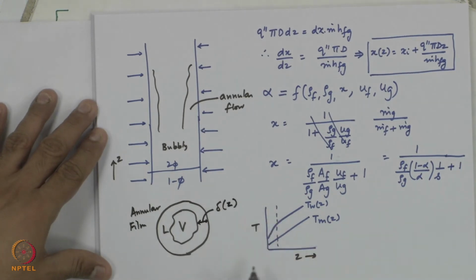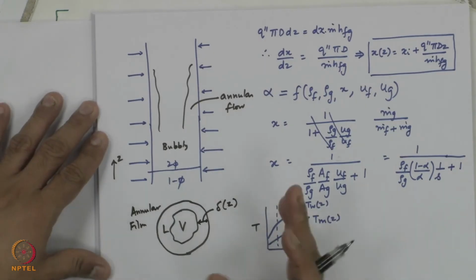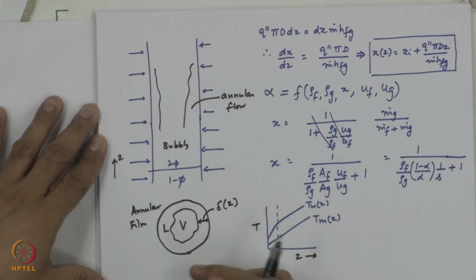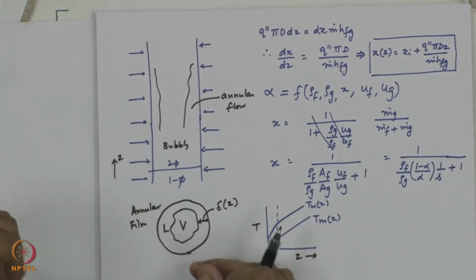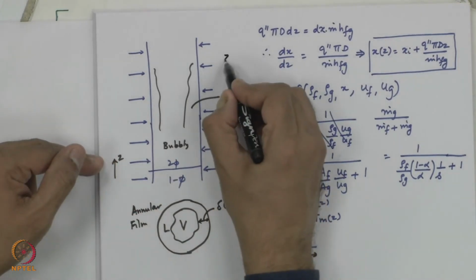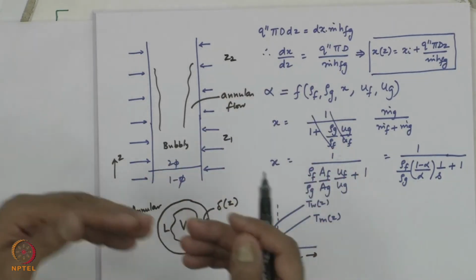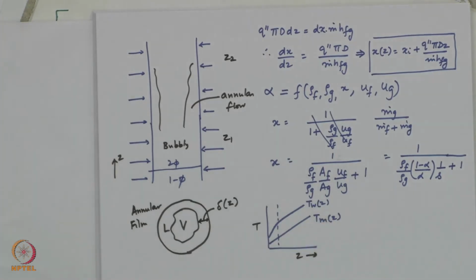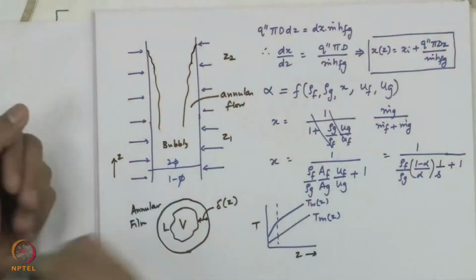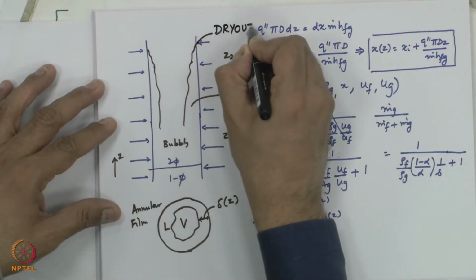This is not constant, not even as a function of theta. So, it could be any particular thickness at any location. It is going to change with flow direction. As I move from location z1 to another location z2, I am generating more and more vapor, and the liquid film therefore will become thinner and thinner. Finally, in case of dry out, the liquid film will eventually be gone. This situation is what we call dry out, where there is no more liquid.